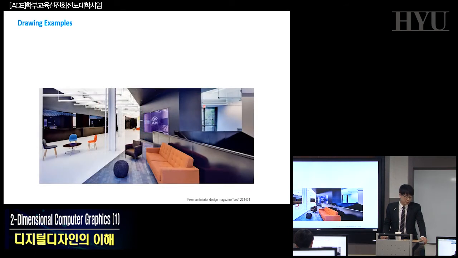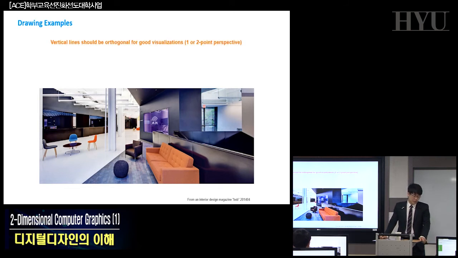But how about this? This is an example of interior scene from an interior design magazine, famous interior design magazine, BOB, very professional interior design works published in this magazine. But as you see here, vertical lines, all vertical lines in this picture, all parallel, all orthogonal to the ground line.